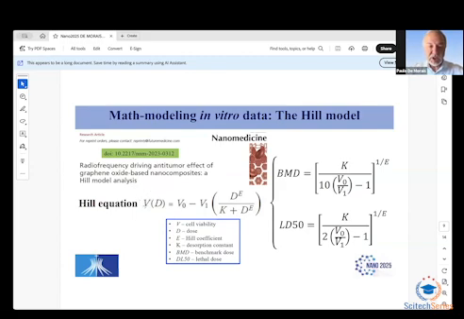But here is the basic equation of the Hill model. It relates the cell viability as a function of the dose, which means the concentration of the challenging molecule. The important point about this equation is the exponent that goes with the dose. That is the Hill coefficient, and this is actually a very important parameter.